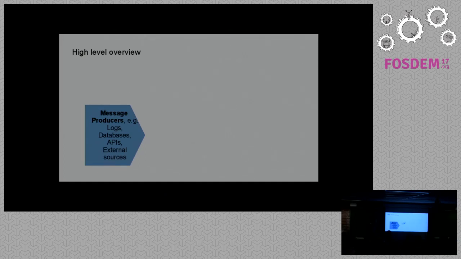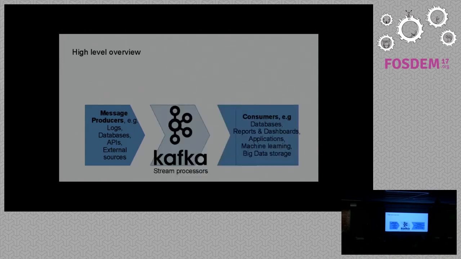They all write their information in protobuf to your Kafka cluster, where you have streaming processors that enrich, join, filter, aggregate, all the usual stuff with your topics and create new topics with the output. And that one can go to your various consumers, for example, databases, reports, dashboards, other applications, machine learning, or storing it in Hadoop, for example.